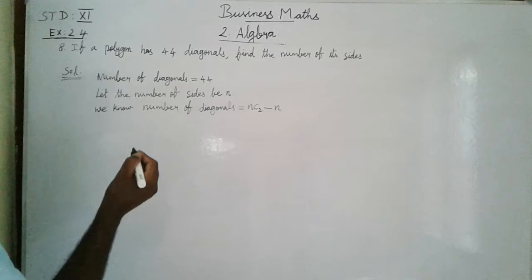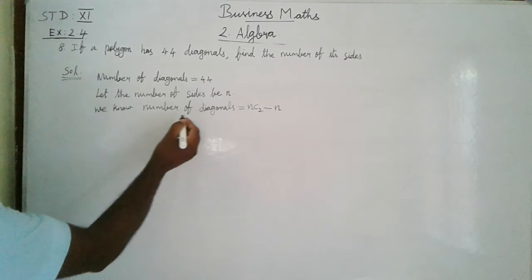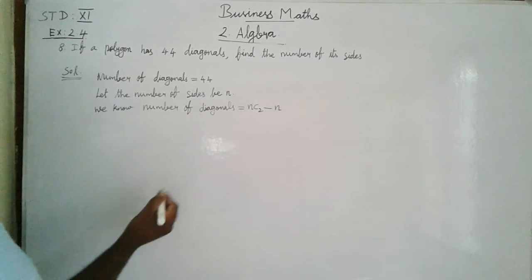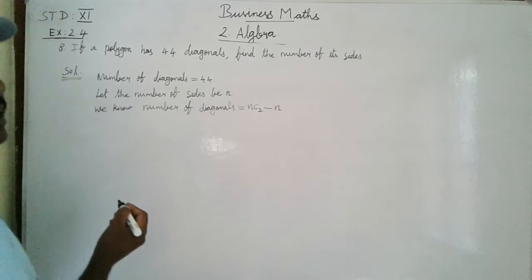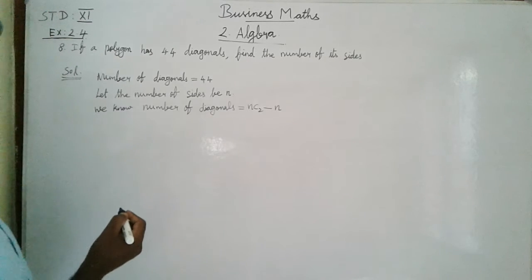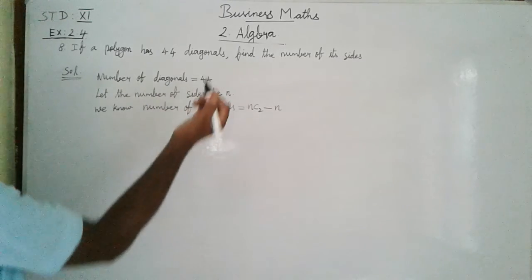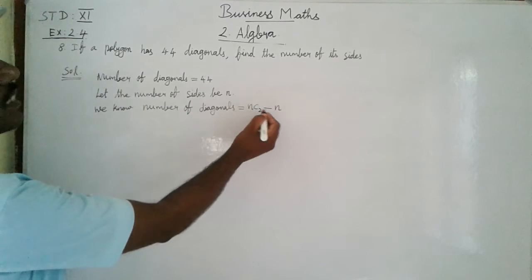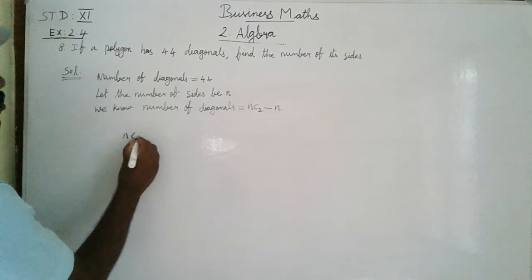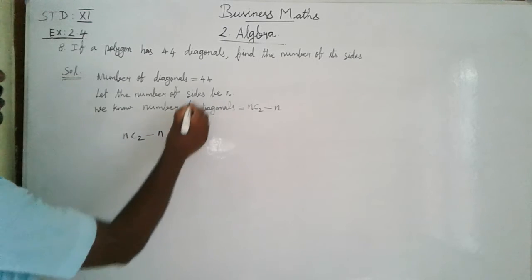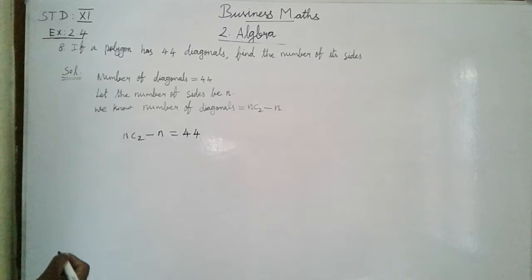We know that the number of diagonals equals nC2 minus n is the formula. Therefore nC2 minus n equals 44.